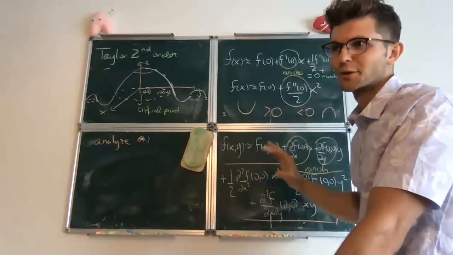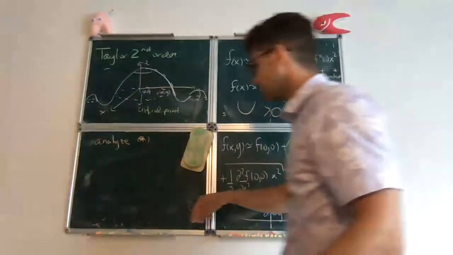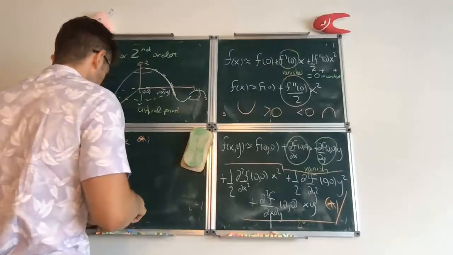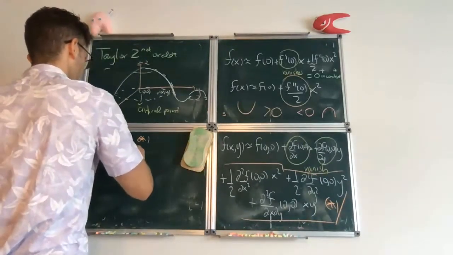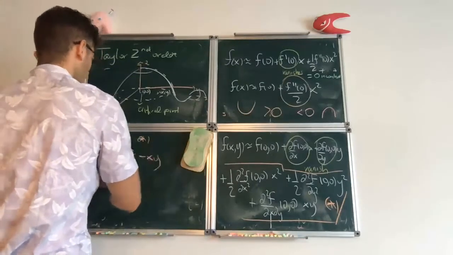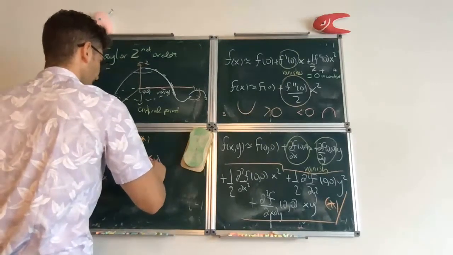Okay, x squared is just like a parabola. The thing is, now we can run into things which are more complicated, like x squared plus y squared minus xy, or x squared plus 3y squared plus 7xy.